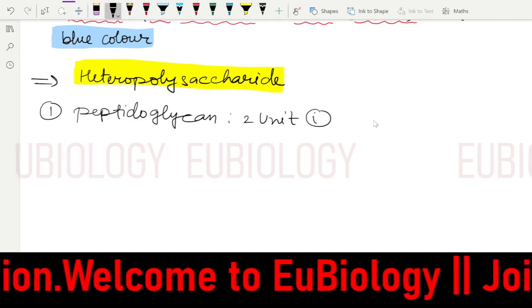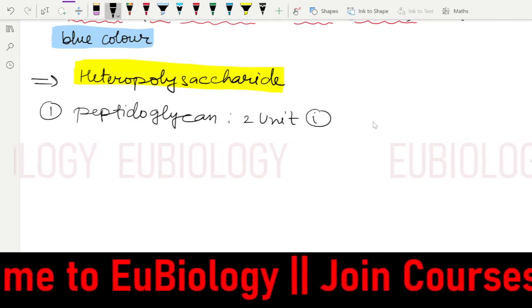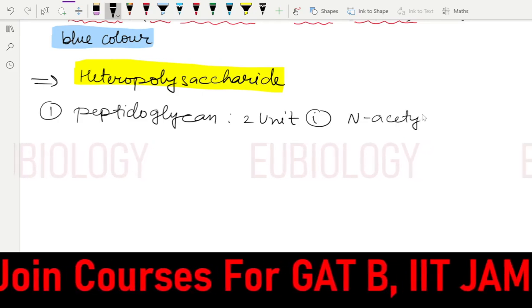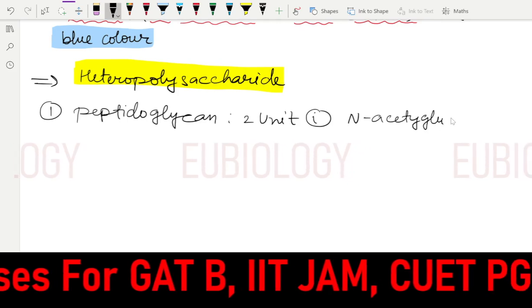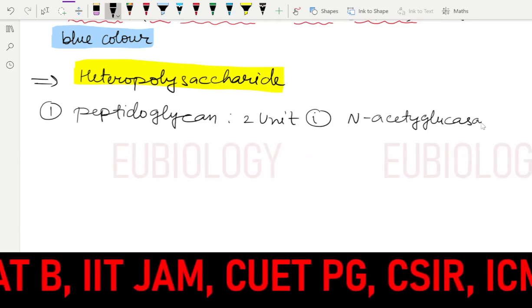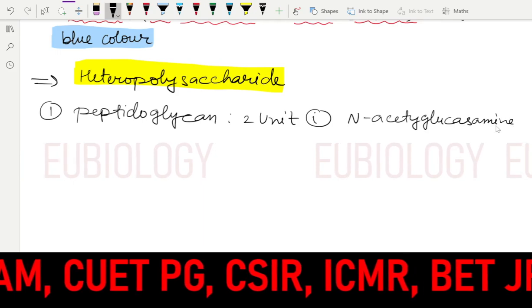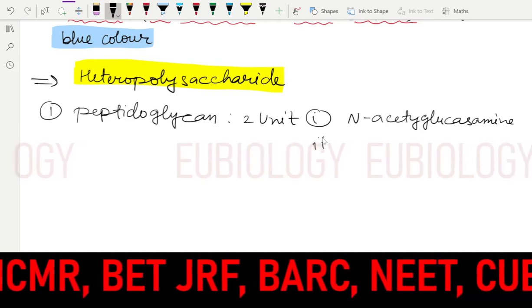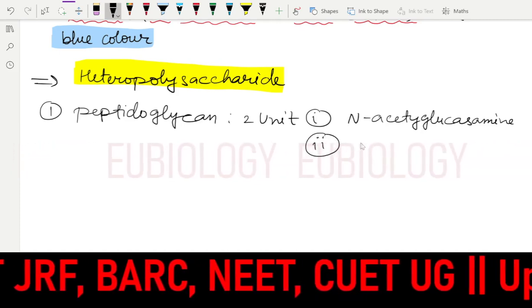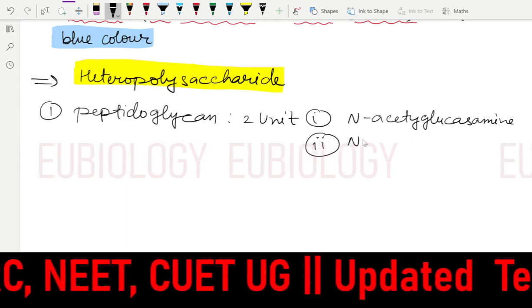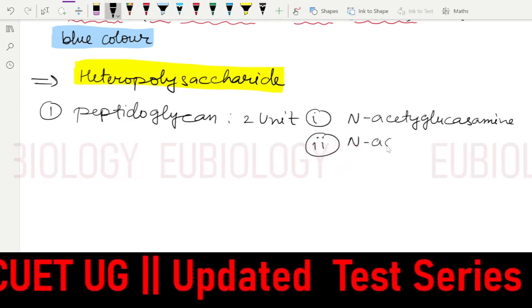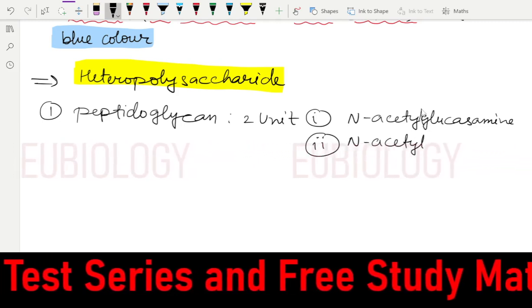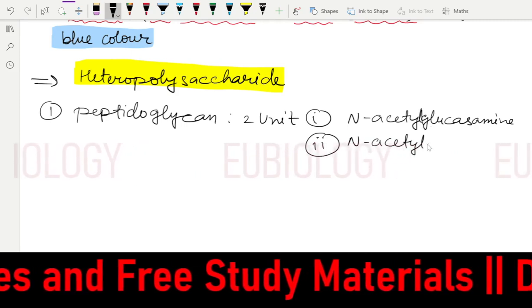The first unit is N-acetyl glucosamine. And the other unit is N-acetyl muramic acid. But the question is: do they form branches, or are they in a chain? What do you think? You can comment here. Acetyl, here one L will be there.